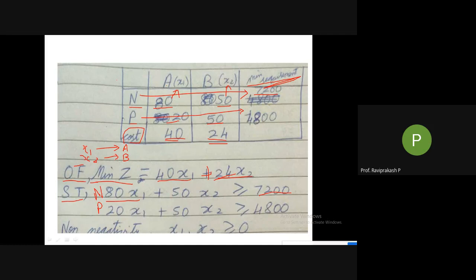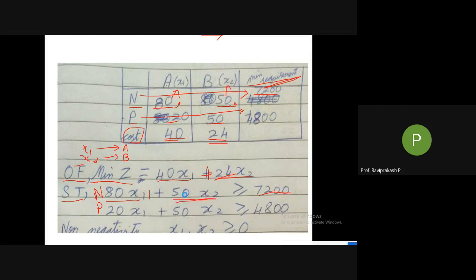But in this, both are given. Nitrogen is present in product A and also in product B, so we need to combine both here. The combination is 80x1, because 80 is available in product A and 50 is available in product B, then plus 50x2.